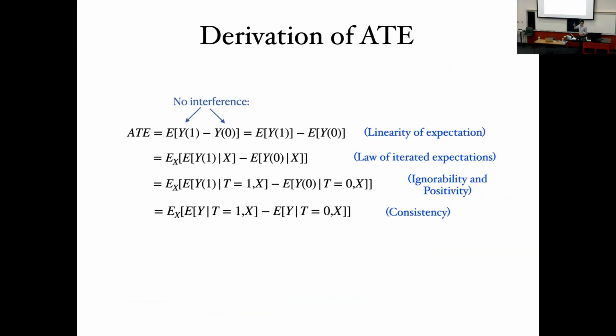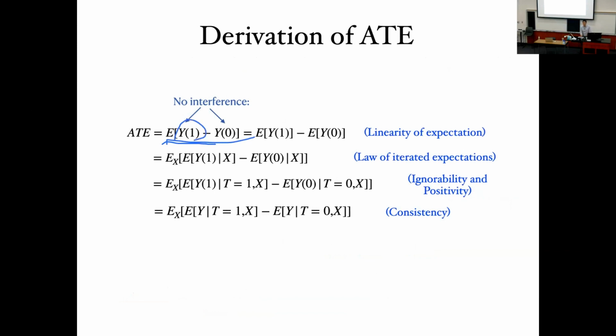For the average causal effect, here we can just write, I really should use my iPad. Let's try. Good, it works. So right here, first of all, we have no interference.